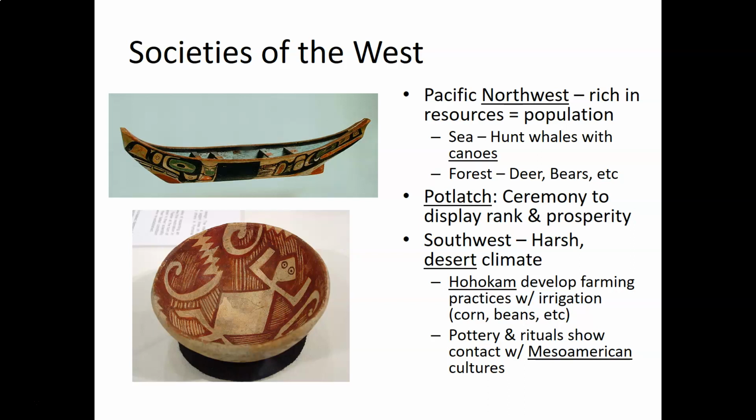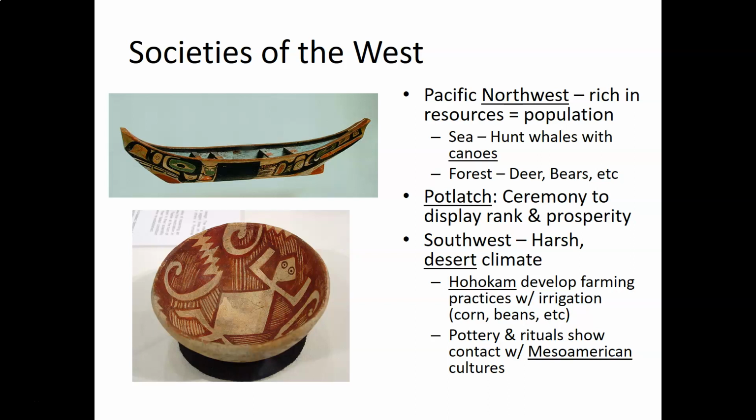We're going to see particularly very developed hunting techniques, both on land and by sea, from these groups of people in the Pacific Northwest, as they hunt whales, specifically in canoes, as you can see one on screen, and then they hunt things like deer and bears very effectively in the forests of the Pacific Northwest. One key cultural trait that you need to know from the people of the Northwest was the potlatch ceremony, which was a ceremony that was used to display rank and prosperity amongst those in those tribes.